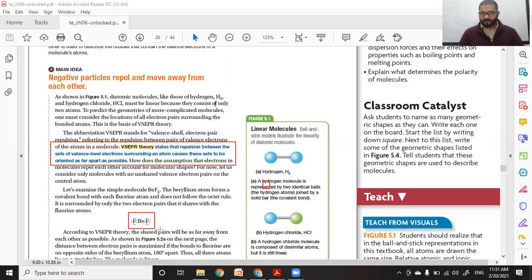Although it does not obey the octet rule, this is the exceptional case we learned already. So it is surrounded by only two electron pairs that it shares with the fluorine. If you focus on the beryllium at the center, you can see that there are only two bonded electrons on each side. There isn't any lone pair of electrons in beryllium.